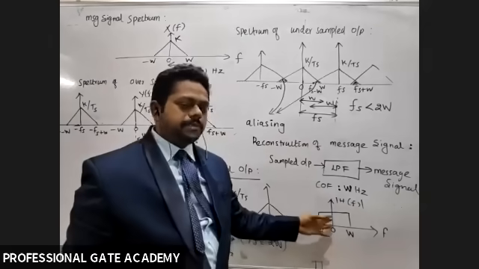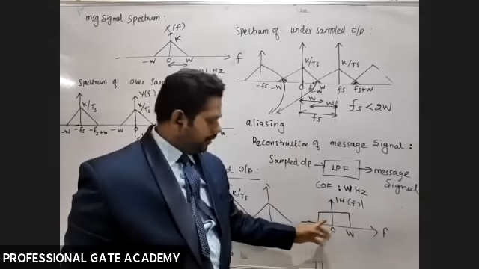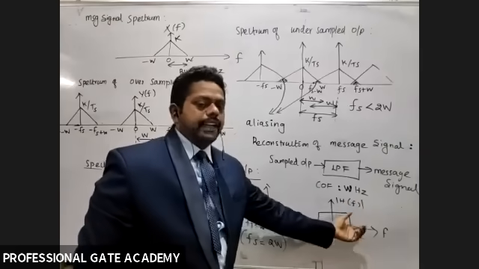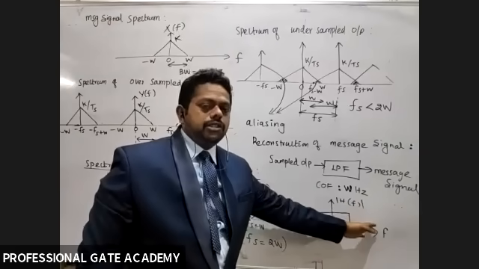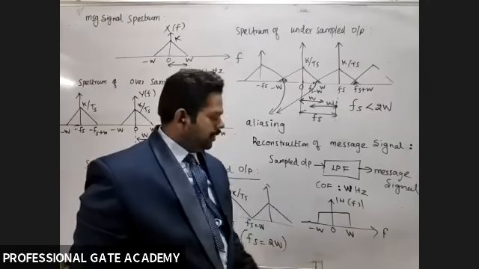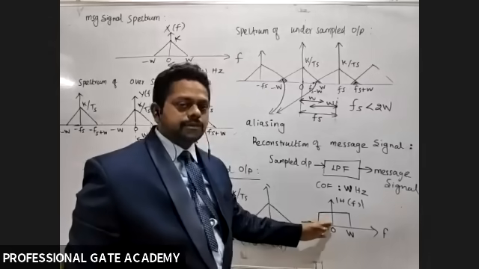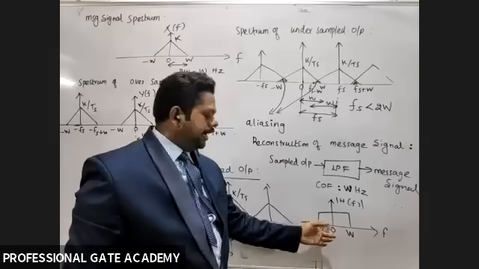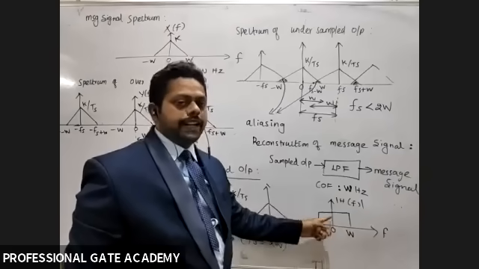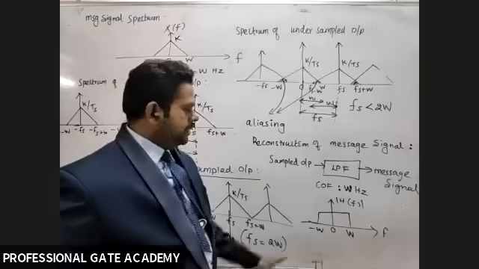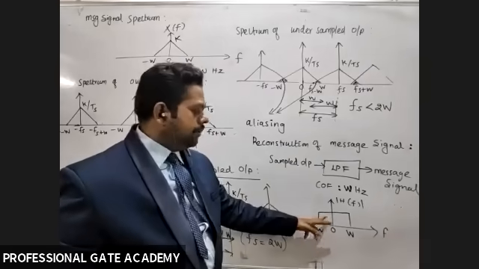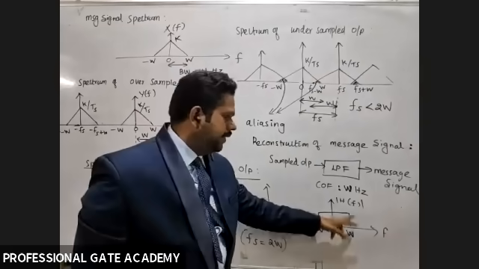This is the magnitude spectrum of a low pass filter from 0 to W. For a range of frequency from W1 to W2, you can say it is a band pass filter. So this is the magnitude spectrum of an ideal low pass filter whose cutoff frequency is W hertz.